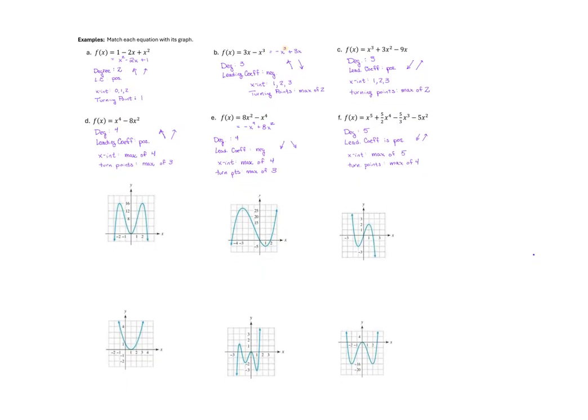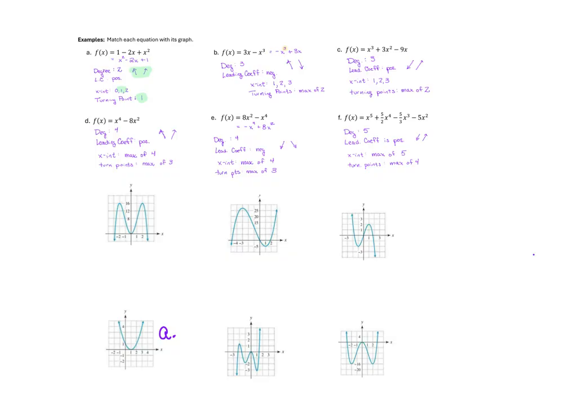Okay, so the first one's the only one that is quadratic, and so we all know what quadratics look like. If we look at this one here, we notice that we have a degree of 2. We have an up and up behavior. We do have 1 x-intercept, and we do have 1 turning point. All right, for B, we have a cubic polynomial.